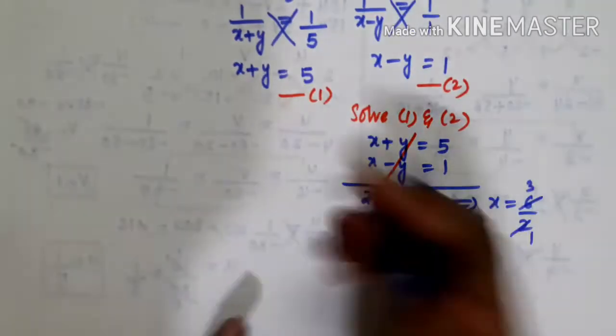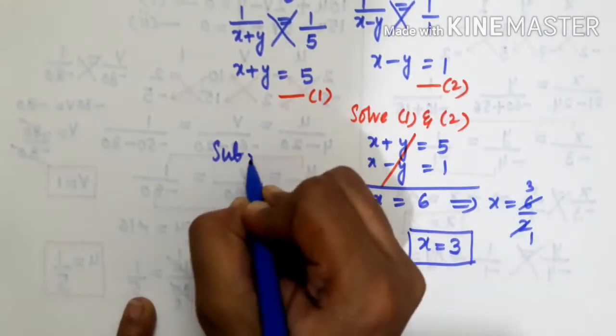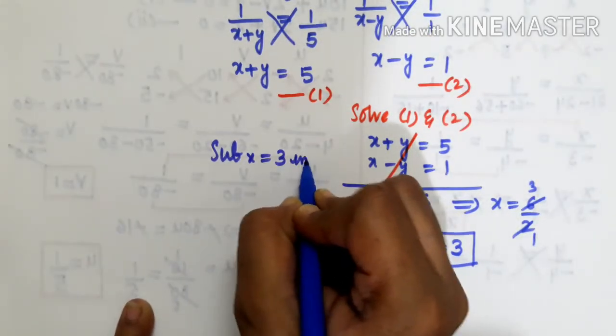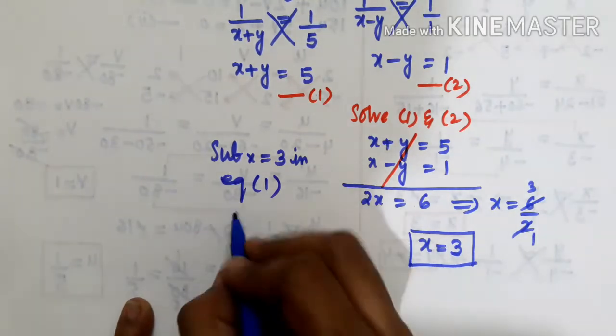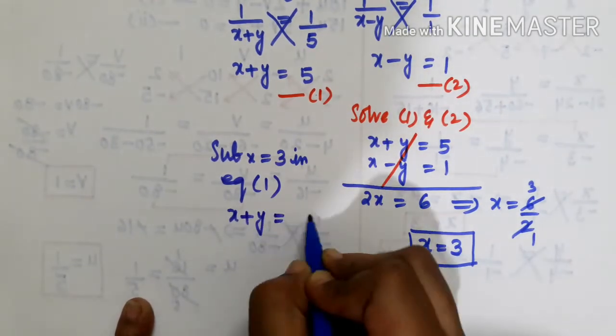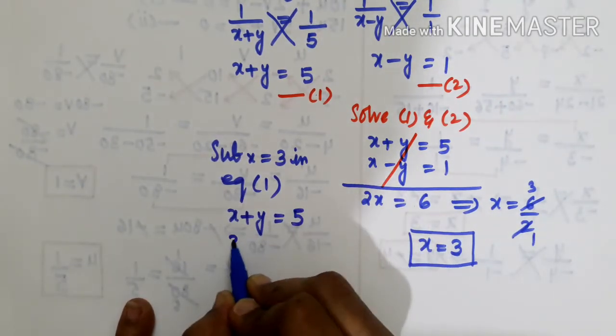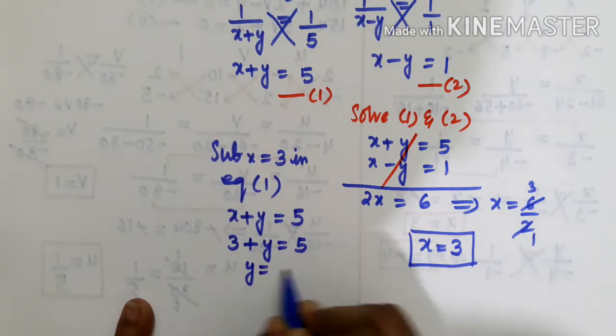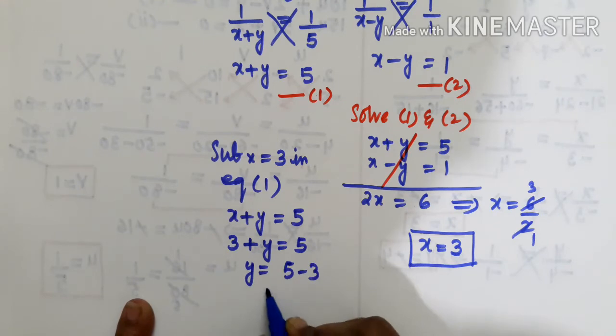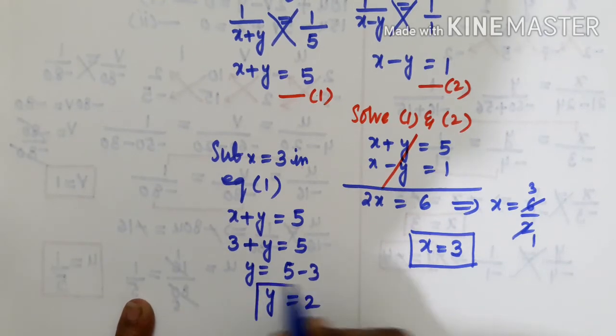Now this x value, you can substitute, x equals 3, in either equation 1 or 2. So let us substitute in 1. So x plus y equals 5. What x did you get? 3 plus y equals 5. y equals 5 minus 3. y equals 2.